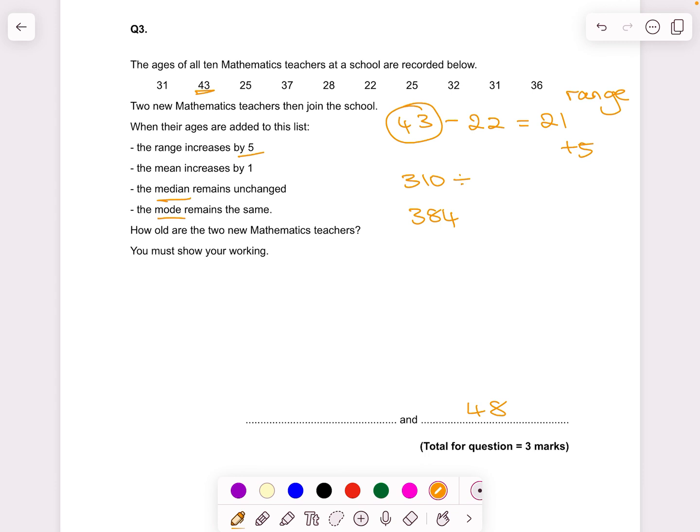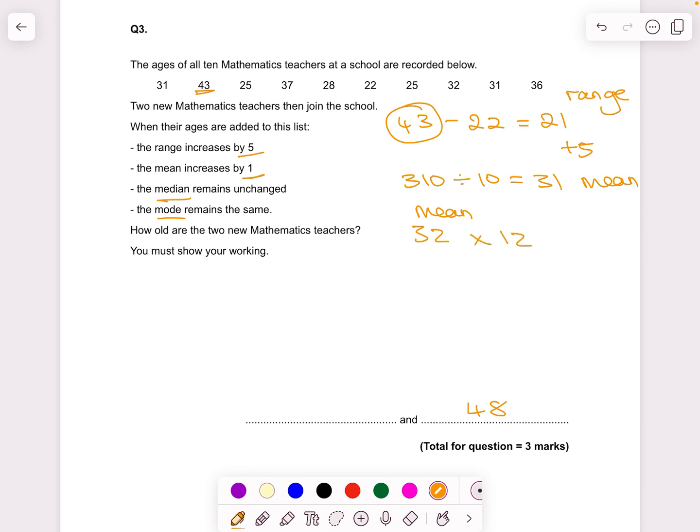And then when we divide by 10 people, the mean must have been 31 before. Now we need to find out what we want the mean to be now. So if it increases by 1, the mean is now 32. So the mean is now 32.